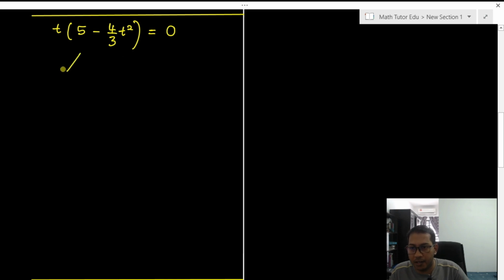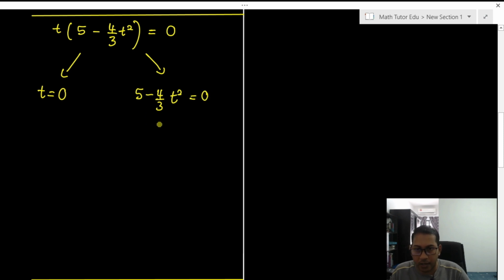From here it will split up into two possible answers. You'll get either t equals to 0, and the second equation where 5 minus 4 over 3 t square is equal to 0.